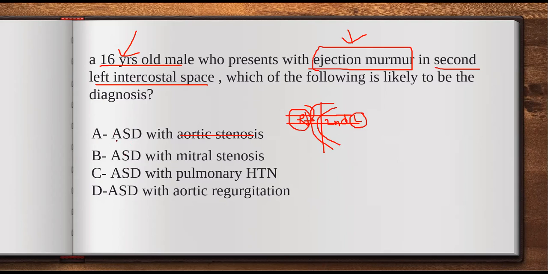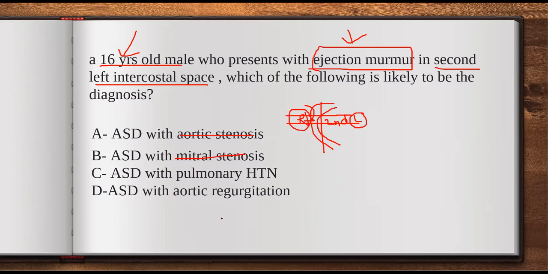By the look of the options, you know that this patient obviously has atrial septal defect. With ASD, something else is also there; we need to find this out. So now let's see mitral stenosis. Where do you get the mitral stenosis murmur? You get mitral stenosis or any mitral valve murmur at the apex, which is your left fifth intercostal space. So this one is also out.